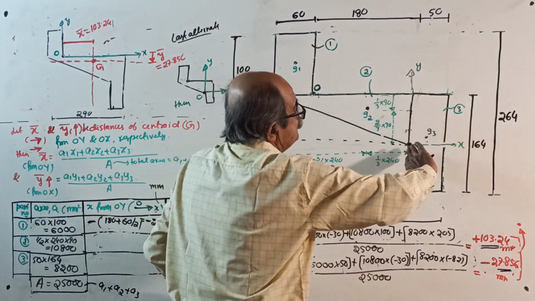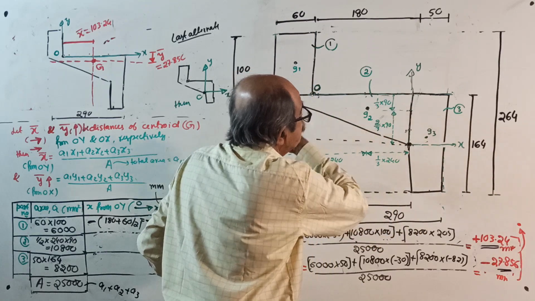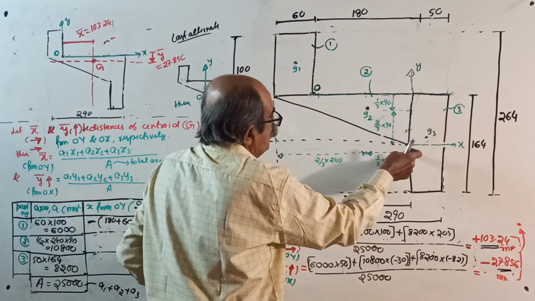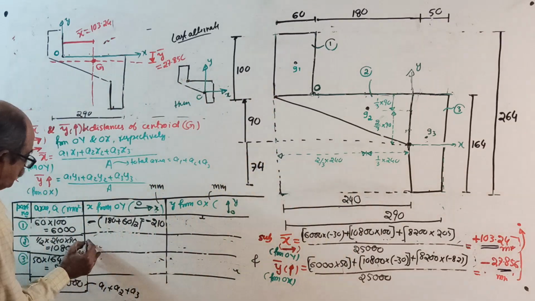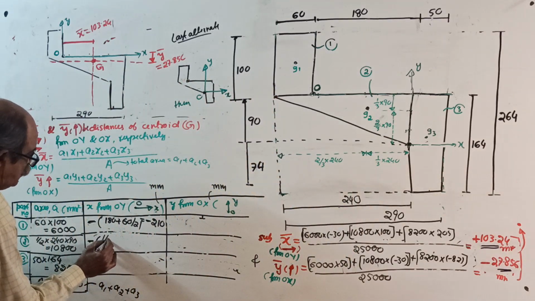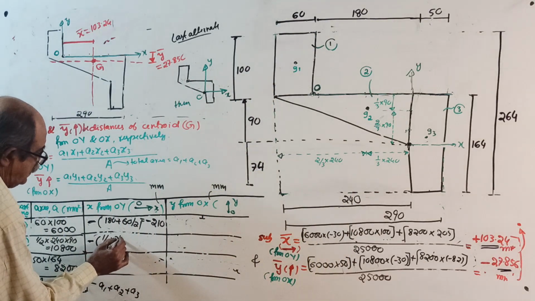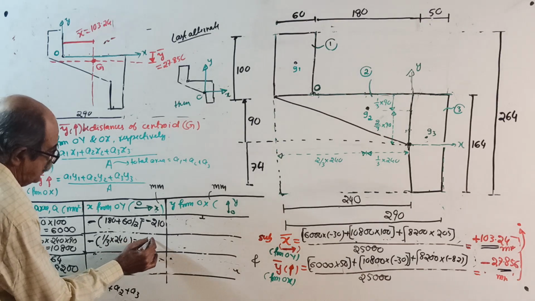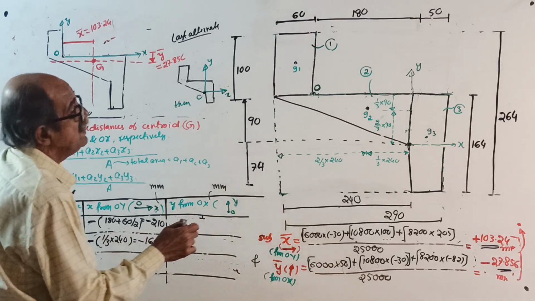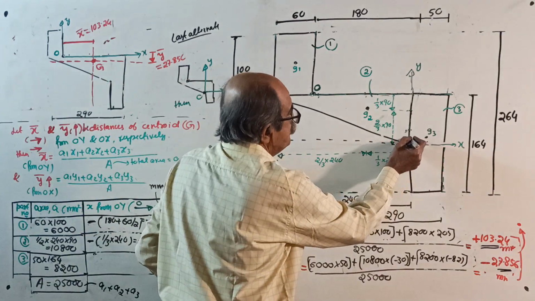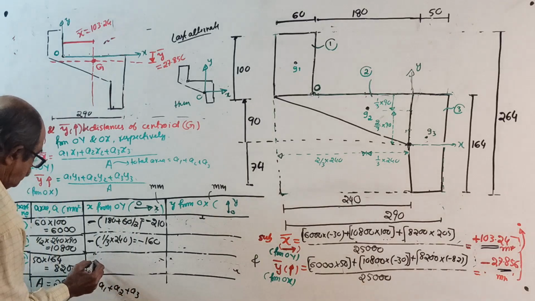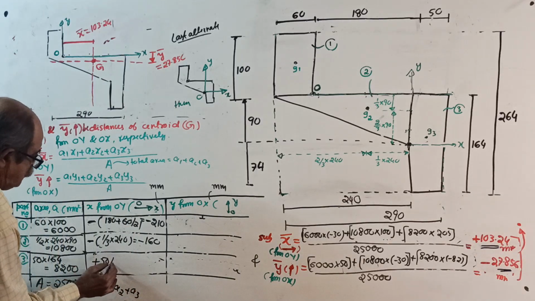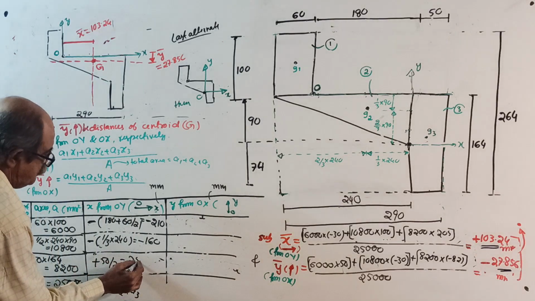See, our X is to right side, this is to left side. So it is 1 by 3 of 240, but negative sign. Minus of 1 by 3 of 240 is minus 160. X3 is this centroid from here, right side only, so plus 50 by 2. Plus 50 by 2 is plus 25.